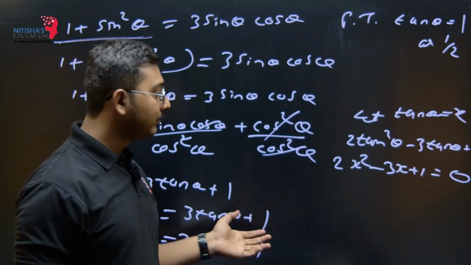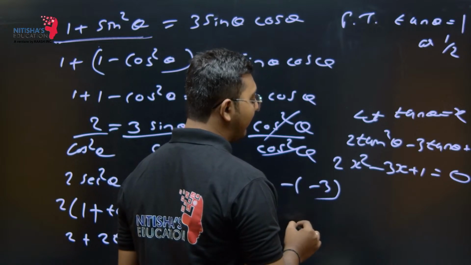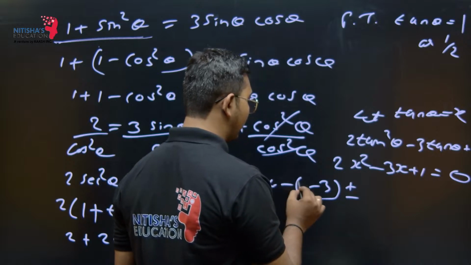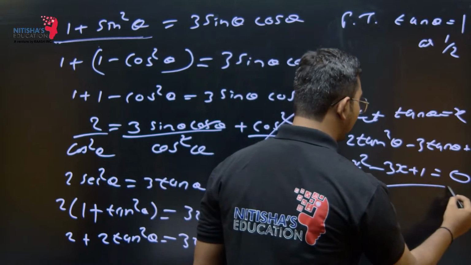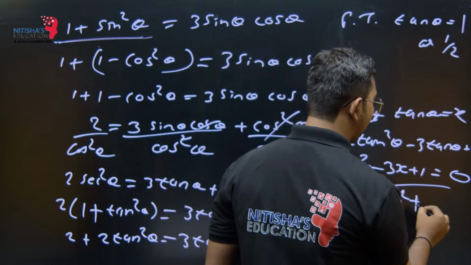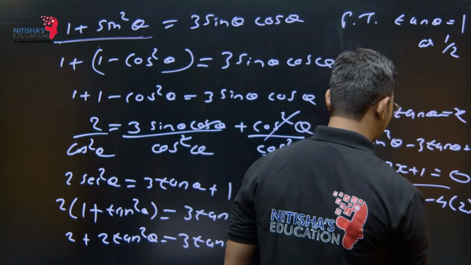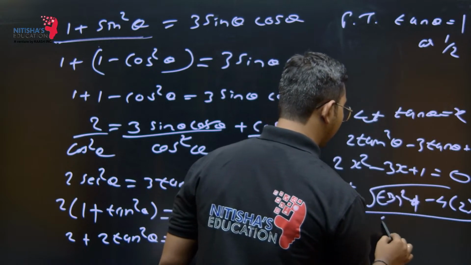What are the roots? x is equal to minus b plus or minus under root b square minus 4ac, that is minus minus 3, plus or minus under root minus 3 square minus 4 times 2 times 1, divided by 4.